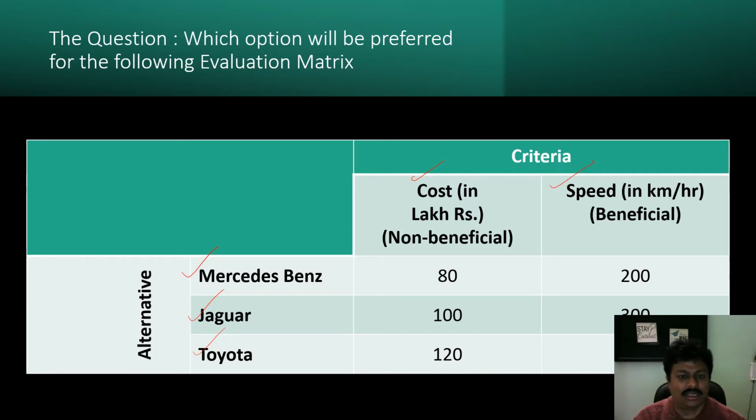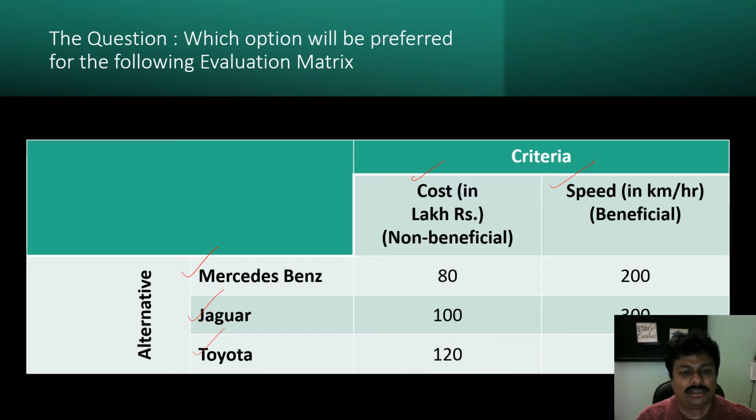As PROMETHEE is an advanced, modified version of Electre, the inventors have tried to remove the drawbacks of Electre. One of the drawbacks of Electre was that we cannot indicate which criteria is beneficial and which is not. But in case of PROMETHEE, we can indicate that.